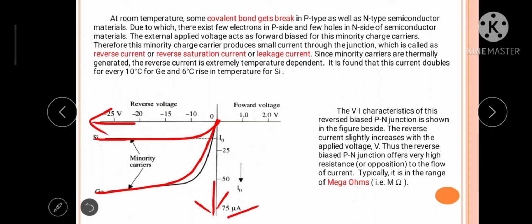Thus, the reverse bias PN junction offers very high resistance, or we can say very high opposition to the flow of current. Typically, this opposition is in the range of mega ohms in both cases. Here, mega means 10 to the power plus 6.